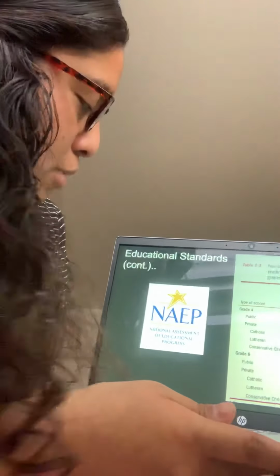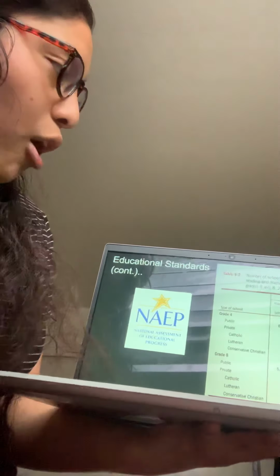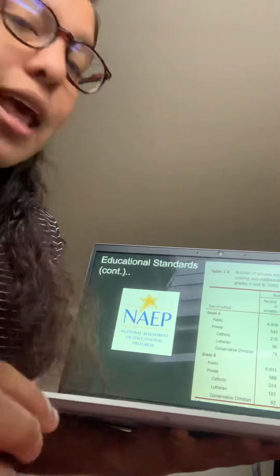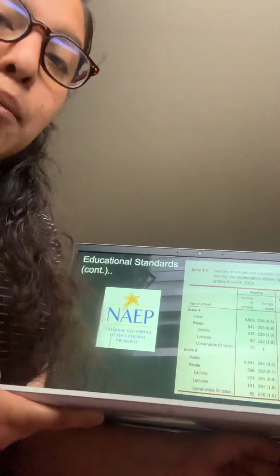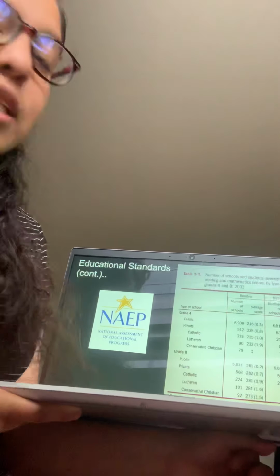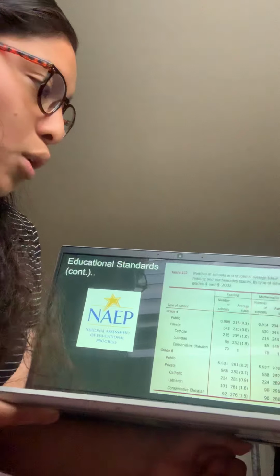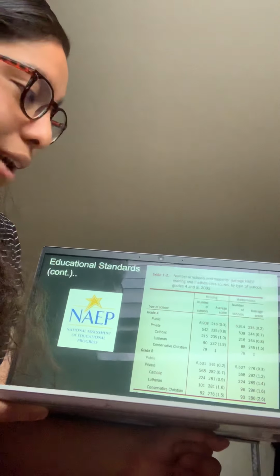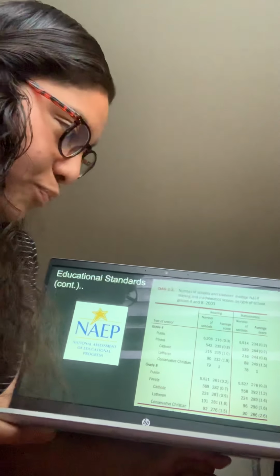So this was published by the NAEP, which is the National Assessment of Educational Progress, and this was a test between 4th and 8th graders between public and private schools. So this assessment was done in the subjects of reading and math. For public schools, there was an average score of 216, while in private schools, there was an average score of 235.